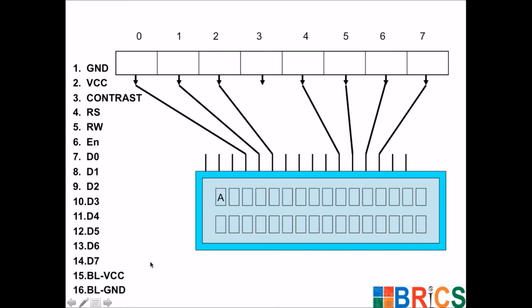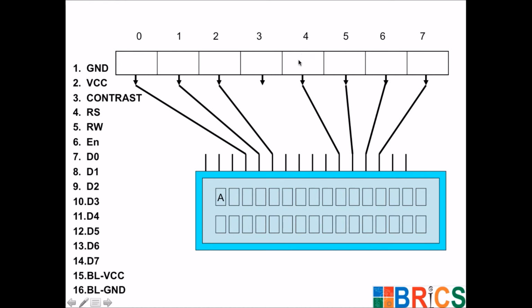Next, whenever we want to connect this display to any controller, we generally use an 8-pin port to connect this display to the controller. While connecting, we connect the RS pin to the 0th bit of the controller port. We connect the RW pin to the first bit of the port. We connect the EN pin to the second pin of the port. As we have to connect a total of 7 pins from the microcontroller to the display, we don't use pin number 3 of the controller.